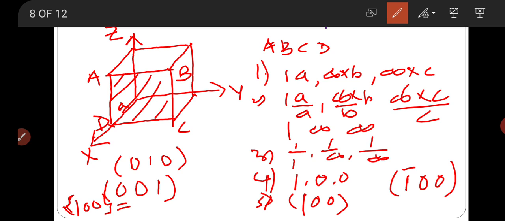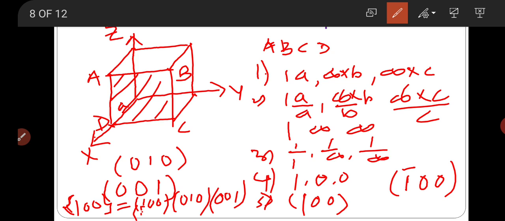So all those planes, that is (100), (010), (001), and all the planes which have negative axis intercepts, that is (1̄00), (01̄0), and the third is (001̄). So all these 6 planes are under the family which is written as {100} in curly brackets.